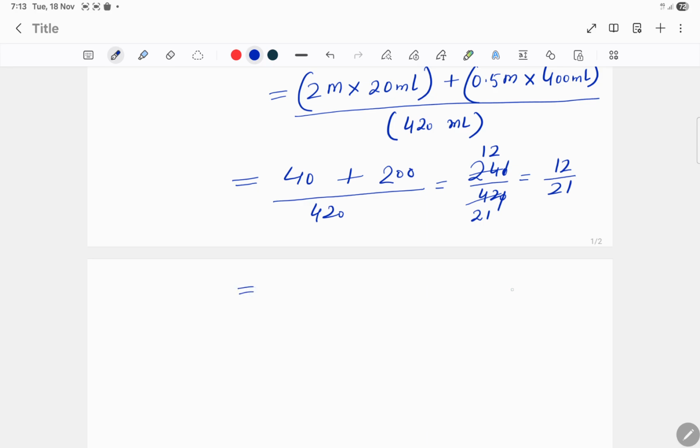When we divide this, let's do it over here: 21 and 12.